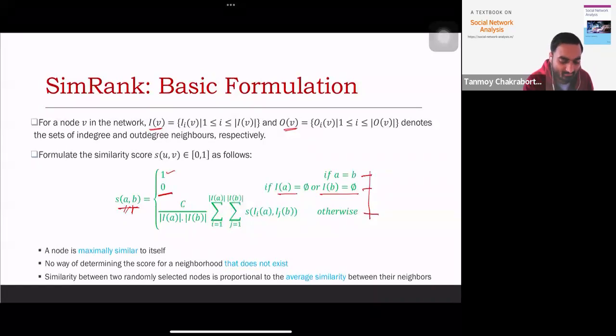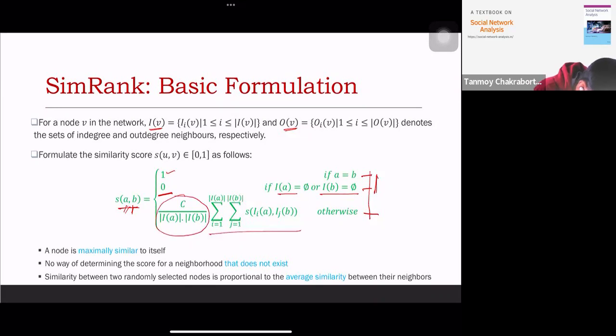The third case, when the first two conditions are not satisfied, says that the similarity of A and B is some constant, which I will discuss later, times a summation. What it is saying is that we take one particular neighbor of A, denoted by i, and one particular neighbor of B, denoted by j.